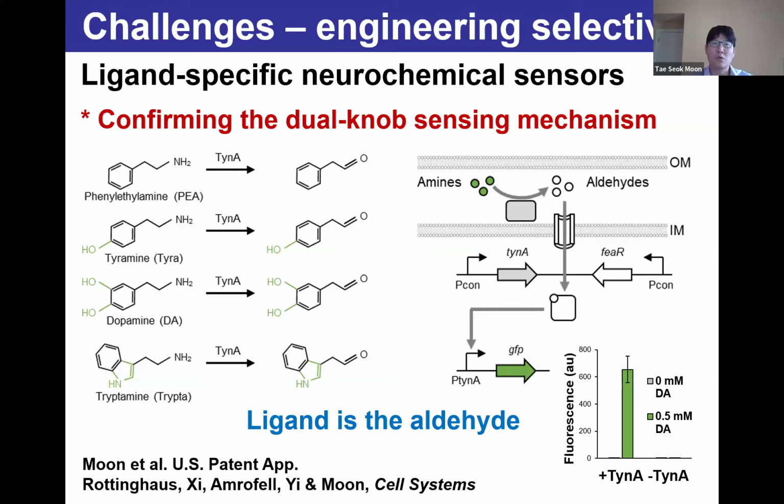Unfortunately, we couldn't reproduce any of the reported publications. So we decided to choose some other mechanism rather than the ones already reported in the literature. And then I can explain how we developed that sensor.